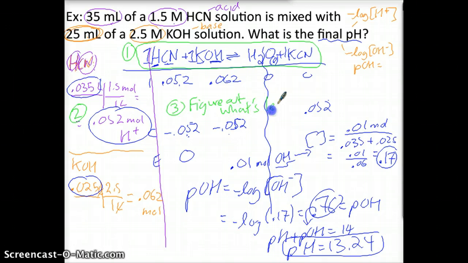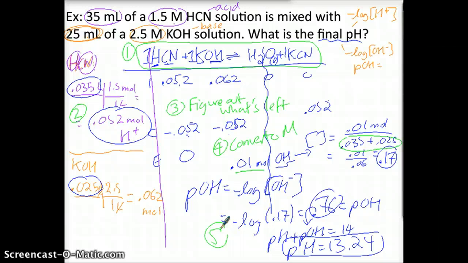Is there going to be OH or H plus left? Then from there, step 4, don't forget, convert to molarity using the total volume. That's a mistake that a lot of students make. And then finally, 5, calculate the pH using whatever you have left over.